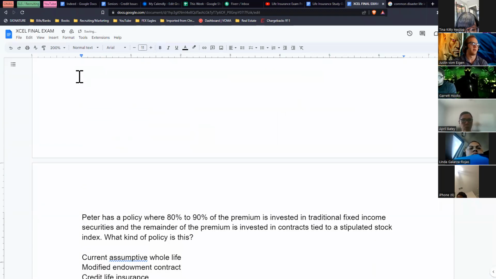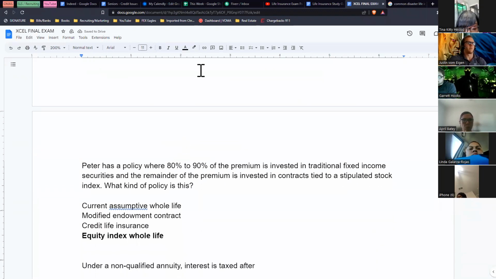Peter has a policy where 80% to 90%, and this is the thing, guys. I've been through several different courses. All the courses have most of the information, but the state does not always reveal everything that they're going to have their questions on. So it's like a guessing game sometimes.